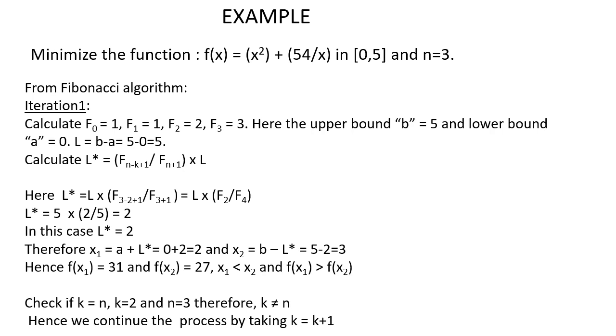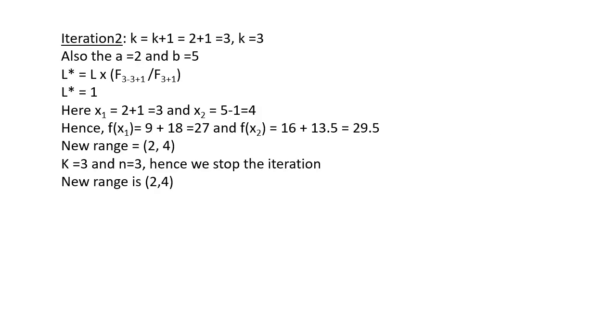We can calculate the minimum or maximum value, and then we check if k is equal to 2 and n is equal to 3. Since k is not equal to n, we continue the process by taking k is equal to k plus 1.